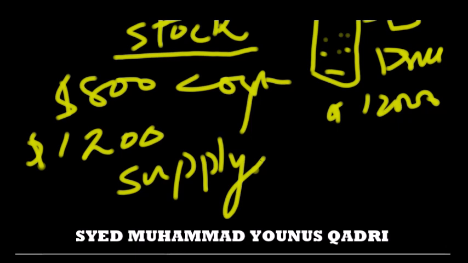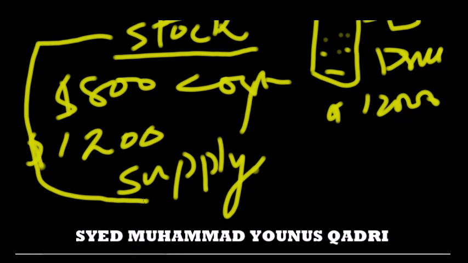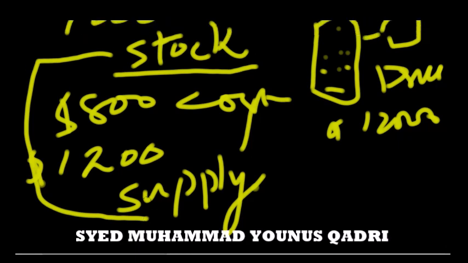So there is a difference between supply and stock. Stock is when the producer keeps the commodity before tagging the price, before mentioning the price.